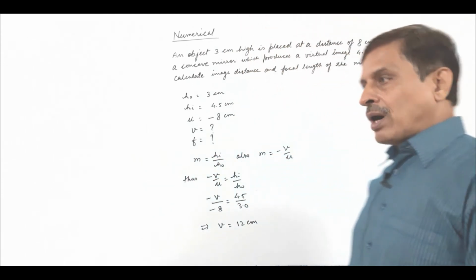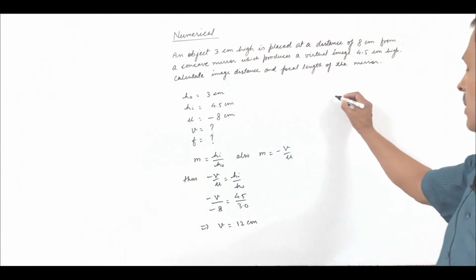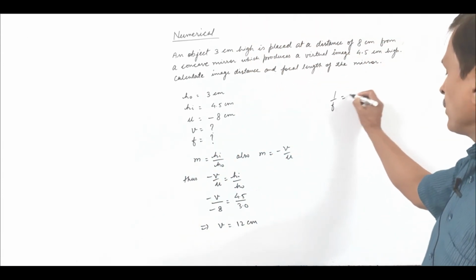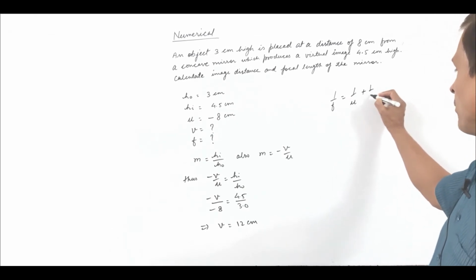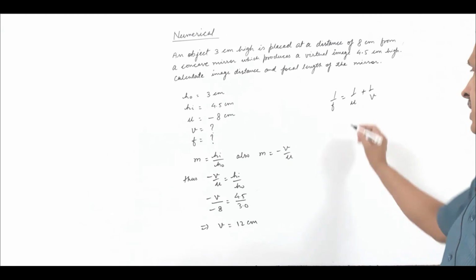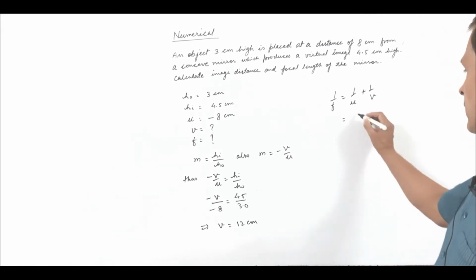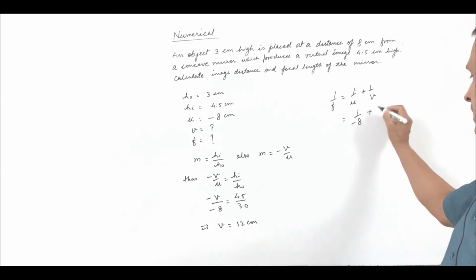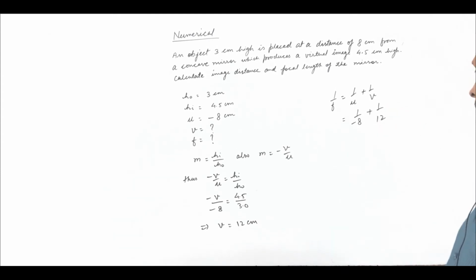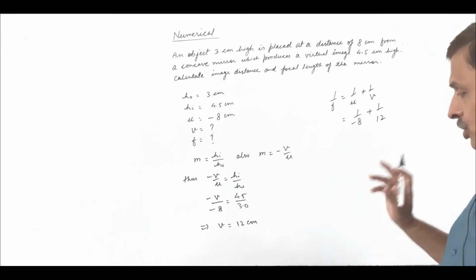Using the mirror formula, 1 upon f is equal to 1 upon u plus 1 upon v. This is 1 upon minus 8 plus 1 upon 12. Because image is virtual, it is formed behind the mirror, so sign convention is used.